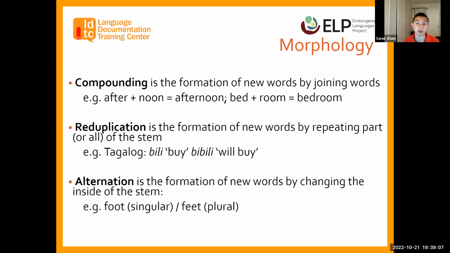After can be used as its own word: after I go to bed, after I wake up. And noon is a time of day. I can combine these two words to make a new word, afternoon. So beyond combining bases and affixes, we can also combine bases and bases, and that is called compounding.